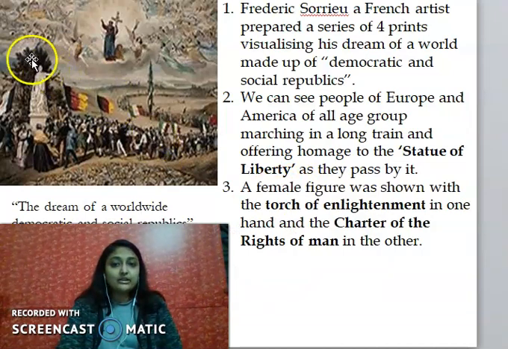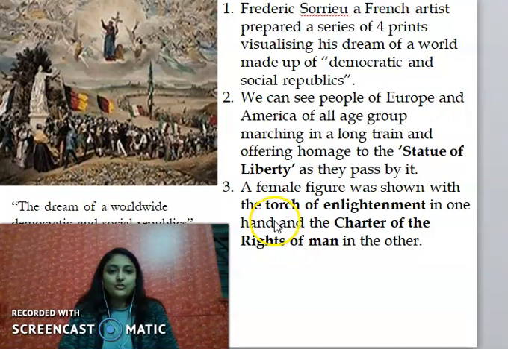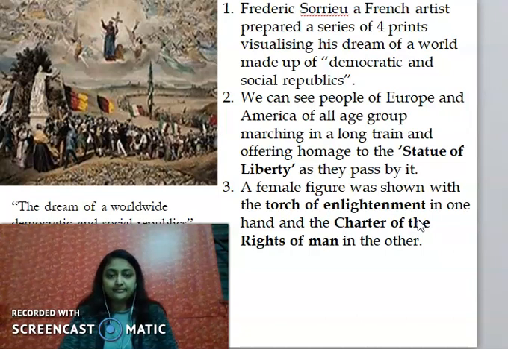Now when we are talking about the Statue of Liberty, it's a female figure. In one hand, the statue is holding the torch of enlightenment and on the other hand, the Charter of the Rights of Man. What do you mean by torch of enlightenment? It means the path towards freedom.